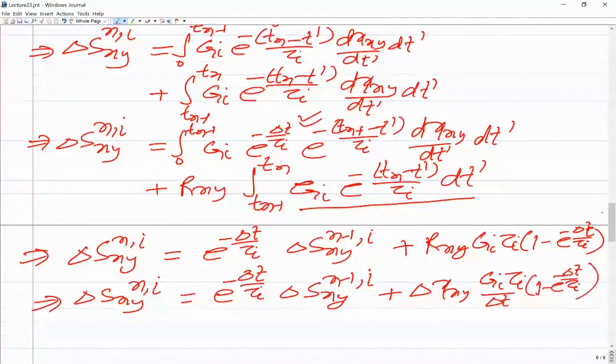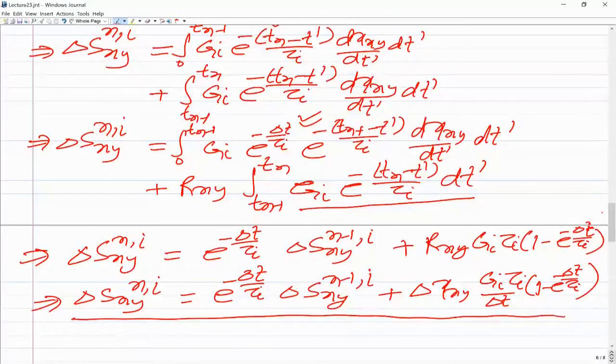So this is another recursive relation. What I am saying is that you start at 0 time, take delta sxy at 0, and then in the subsequent step you can make use of this kind of recursive relation.